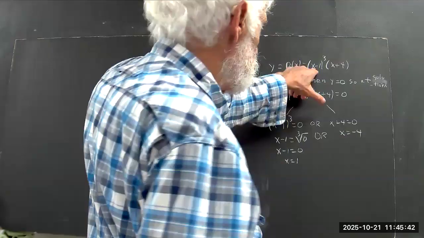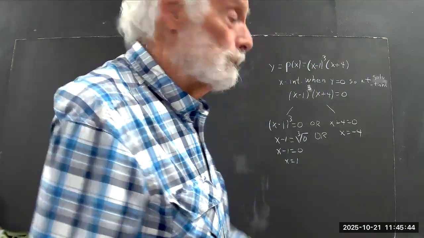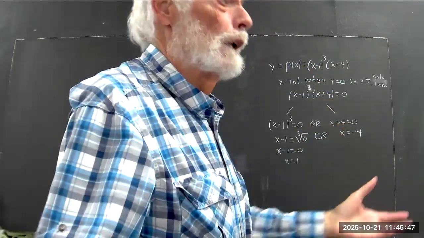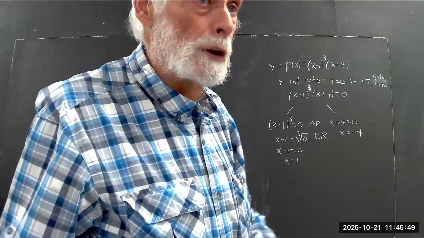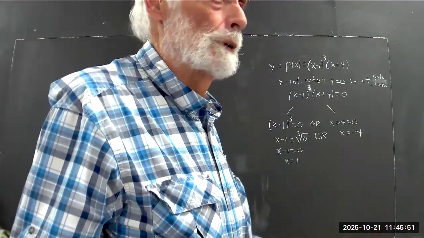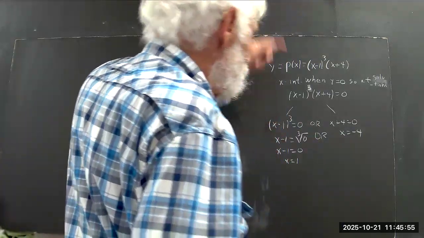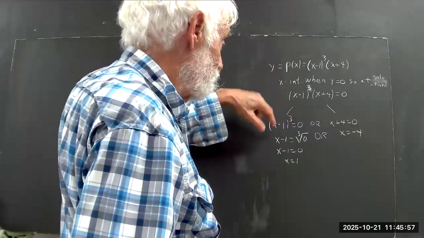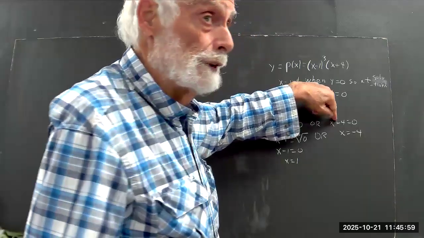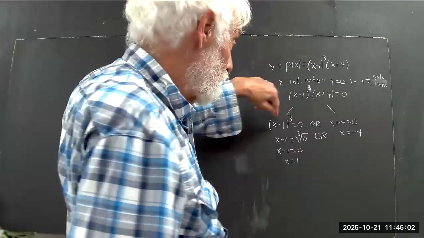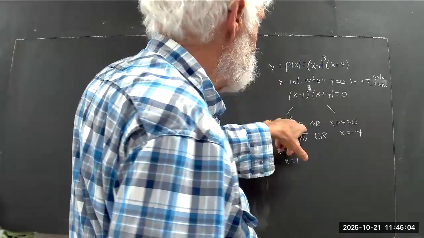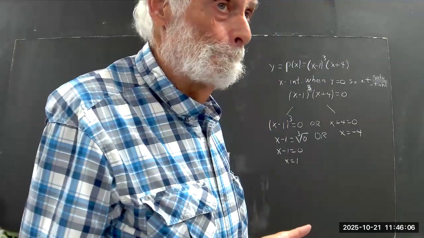Now we can see that just looking at this. But sometimes what you have in the parentheses is more complicated than just x plus this or x minus that. You've seen that in the homework. I'm keeping it simple, but if you write this out, you get a linear equation here and a cubic equation here that you're solving for zero, okay?